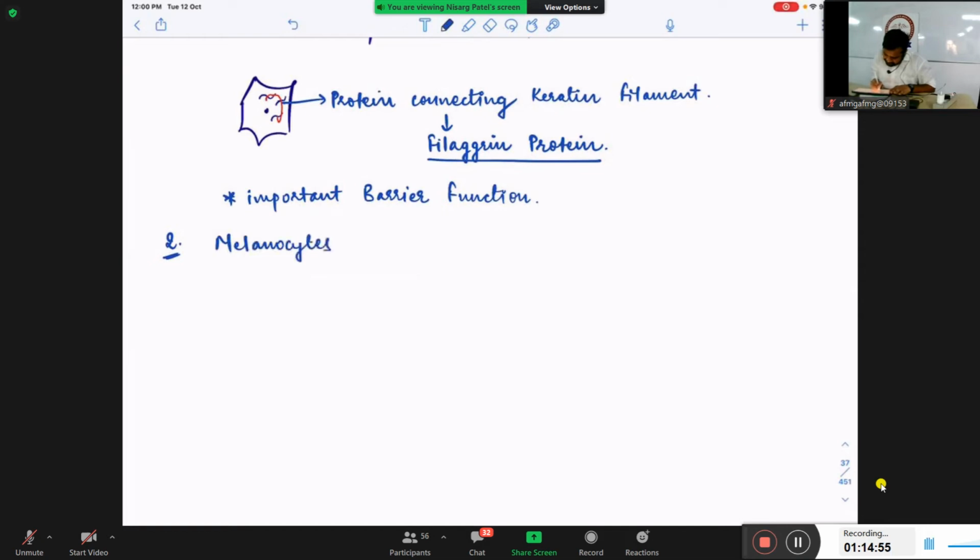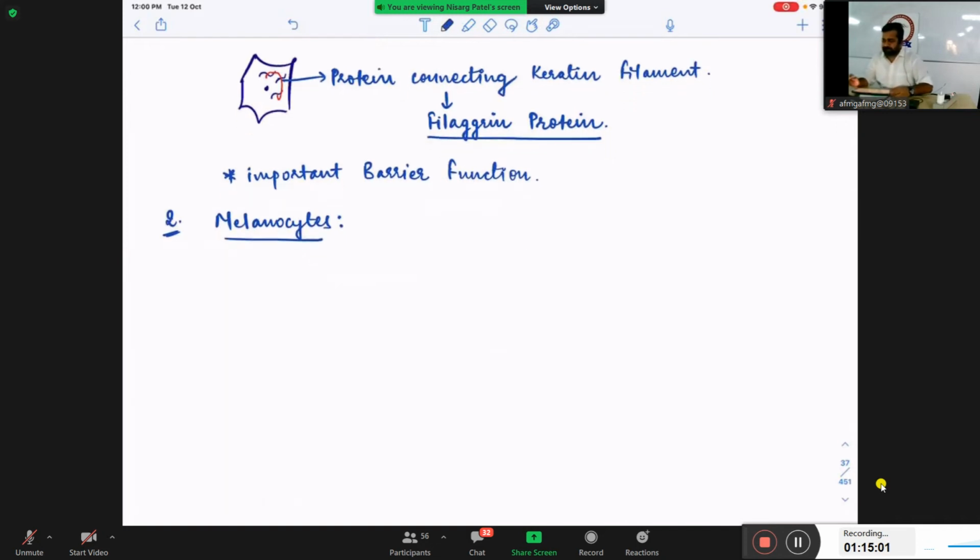Second important cells are the melanocytes. So where are the melanocytes present? They are present in the basal layer.